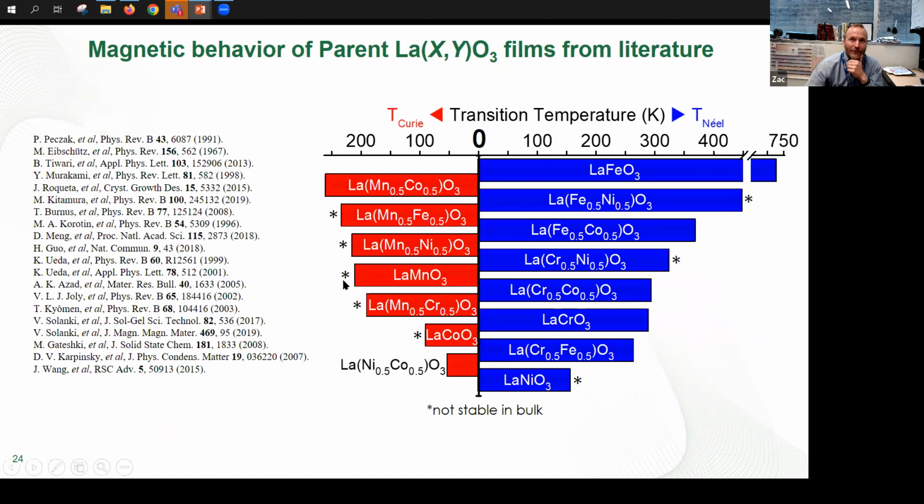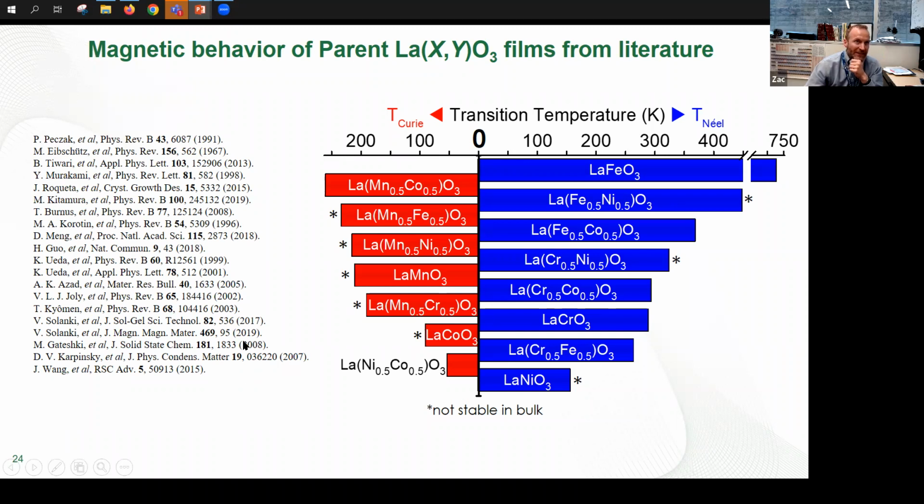And what you're going to see, you see a few of these little asterisks here. There are certain systems, not all of these. Remember, trying to mix just in a binary system is very difficult, and you can't get single phase. So a lot of these are going to be heterostructures, and trying to understand what happened at an interface between two different materials.